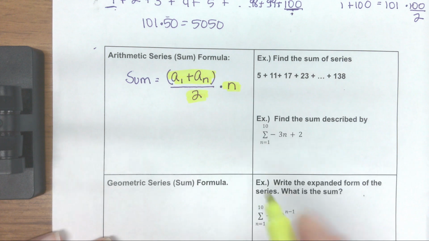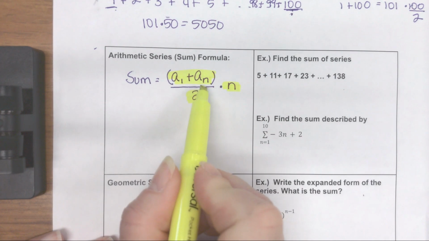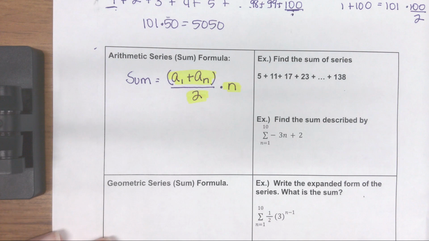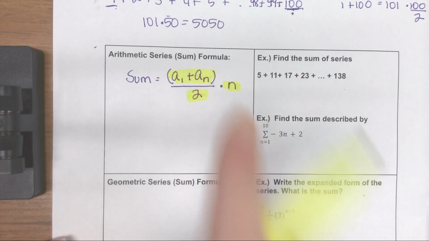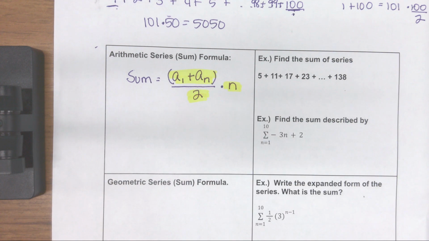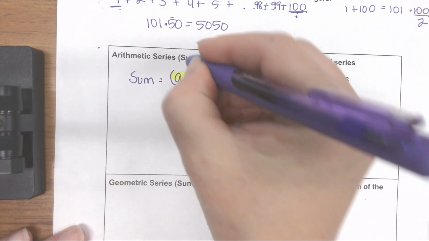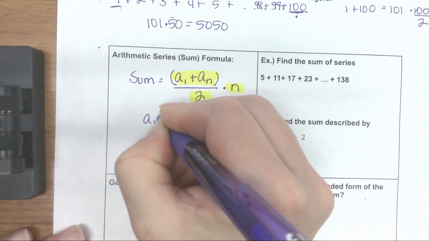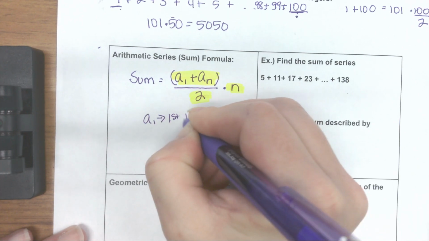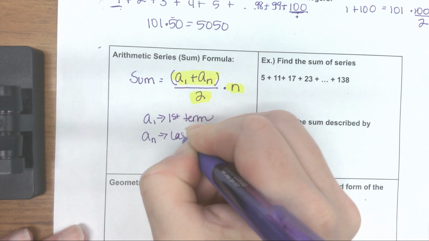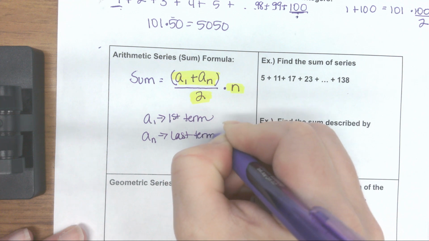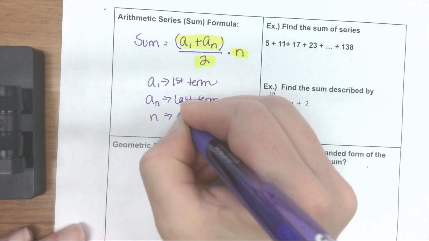It just might be easier to do a1 plus an divided by 2 first, okay? So I need to know first term, last term, basically how many terms there are, okay? So if you need to write that down, that's the first term. We need to know the last term, and n is the number of terms.